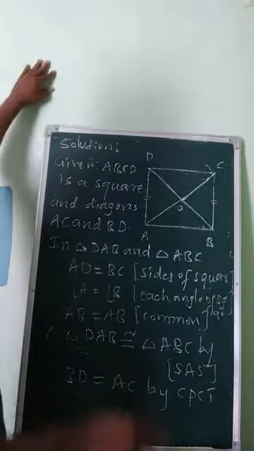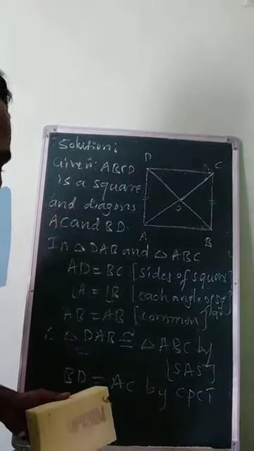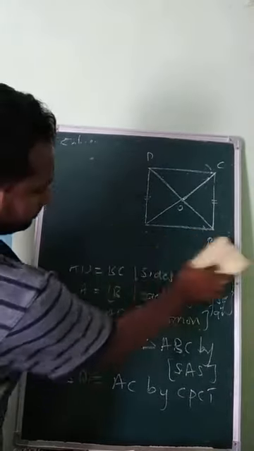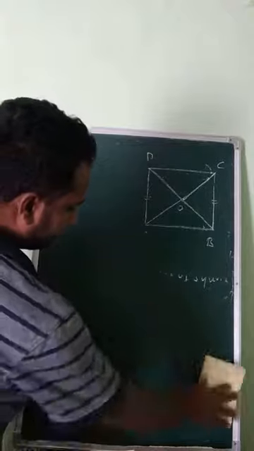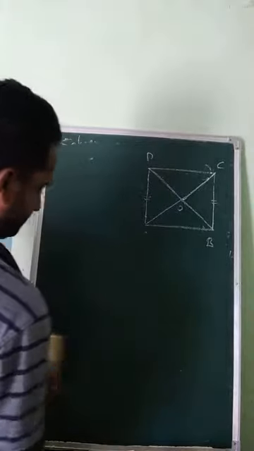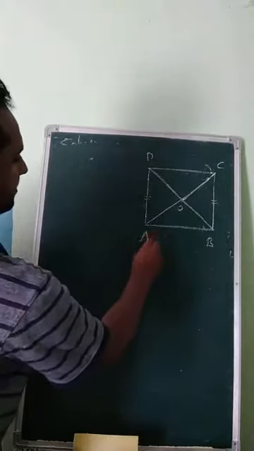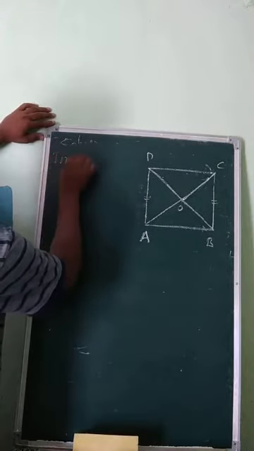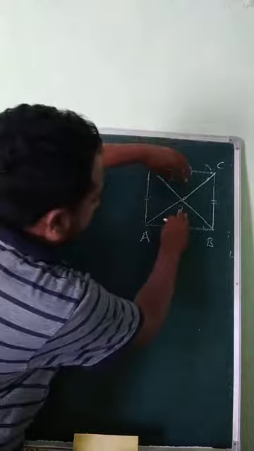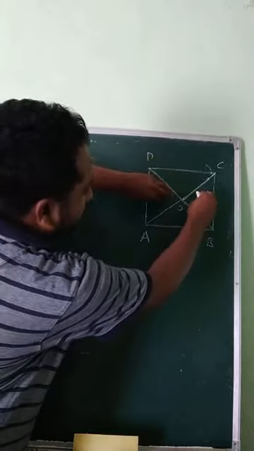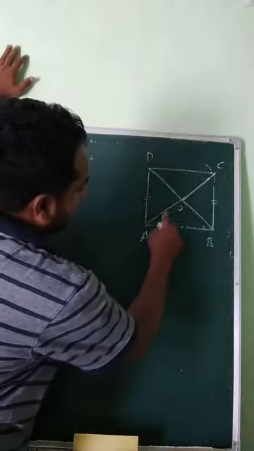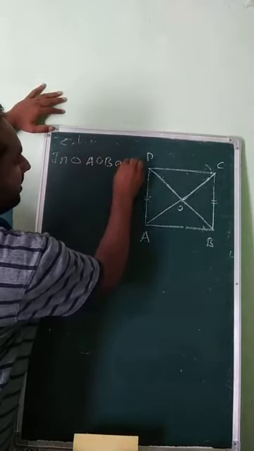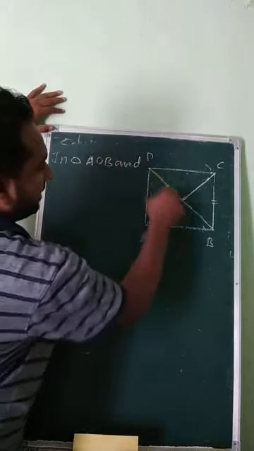Now see the next step. See the second step. How do the diagonals bisect each other? Again you have to take two triangles, this one and this one: triangle AOB and triangle DOC.